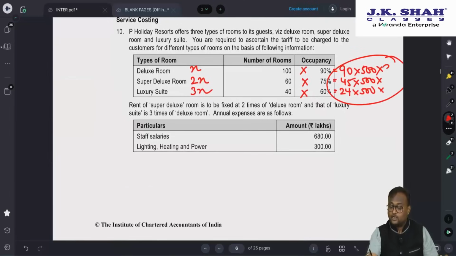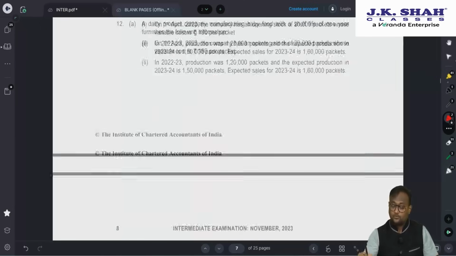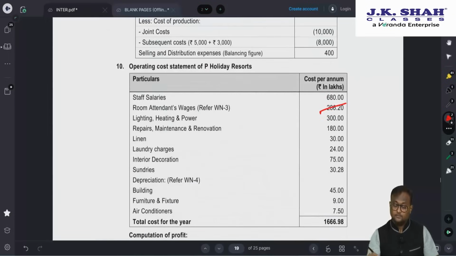So, this can clearly give you the wages of room attendant. Are you clear with it? So, 90 plus 45 plus 24 into 500 into 360, that is 286.2.